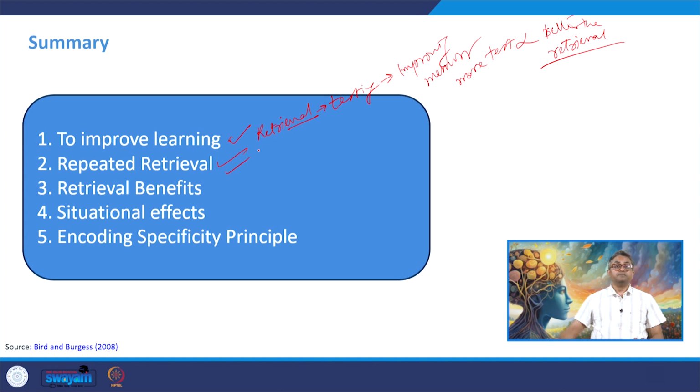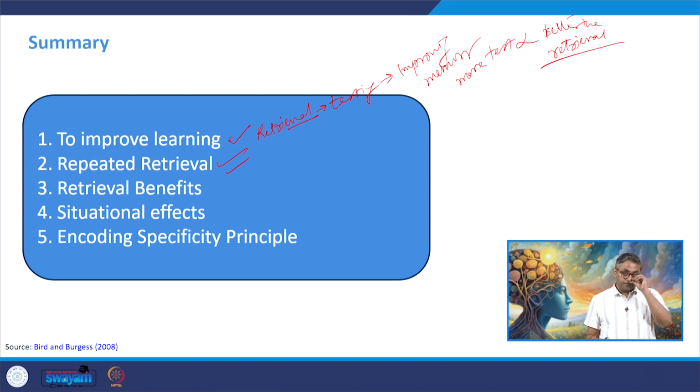Repeated retrieval makes accessibility easy. Every time the accessibility is there, the number of remembered items may vary. Repeated retrieval provides the accessibility but doesn't ensure that a similar number of items will be remembered.